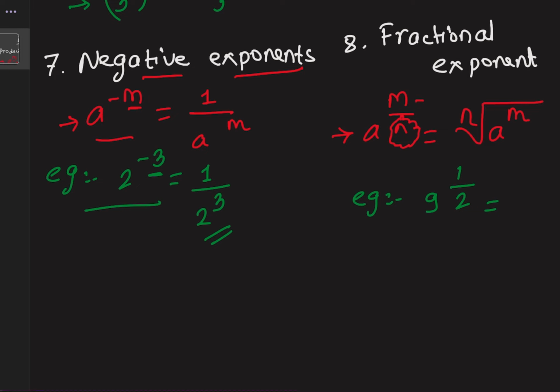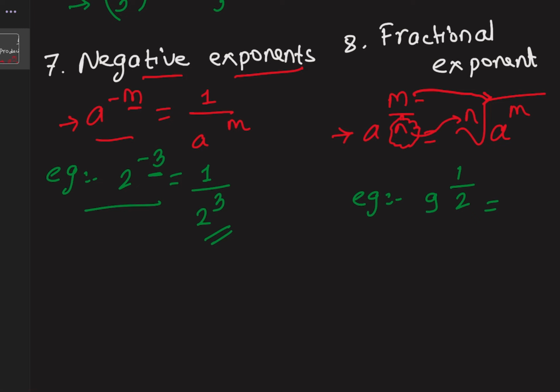So the fractional exponent simply represents the root, and we have the base as a. The denominator goes to the root here and the numerator goes to the power of the base.